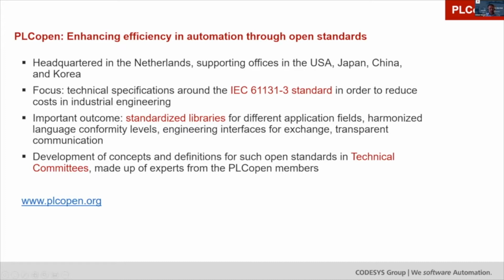They focus on the technical specifications around the IEC 61131 programming language standard, which CODESYS is also implementing. And they try to reduce the costs and make the industrial engineering more efficient.